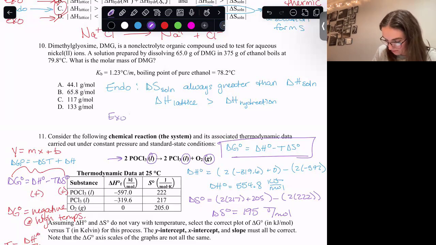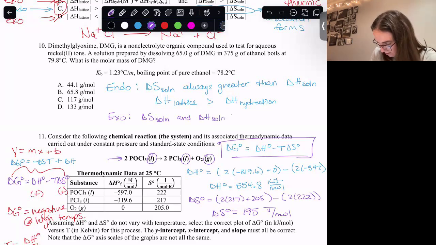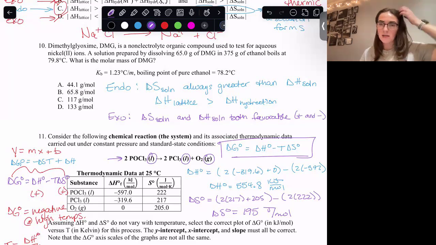For exo, delta S of the solution and delta H of the solution are both favorable, positive and negative, right? In this case, delta S will be positive, delta H will be negative.